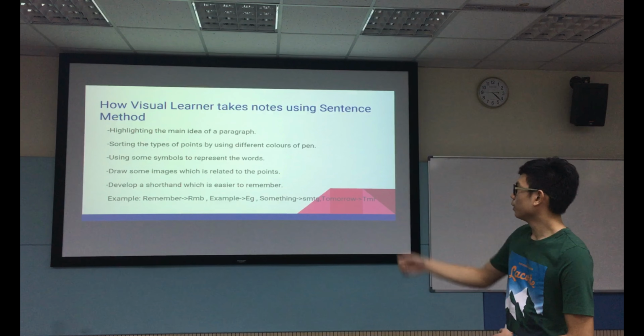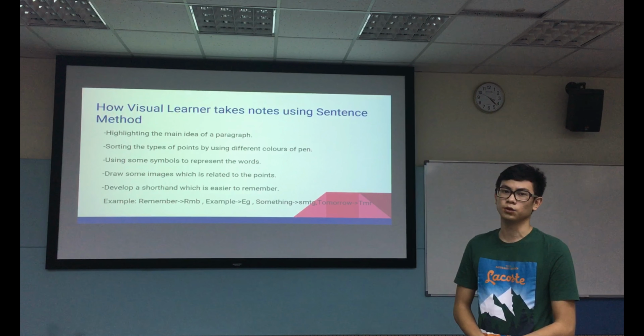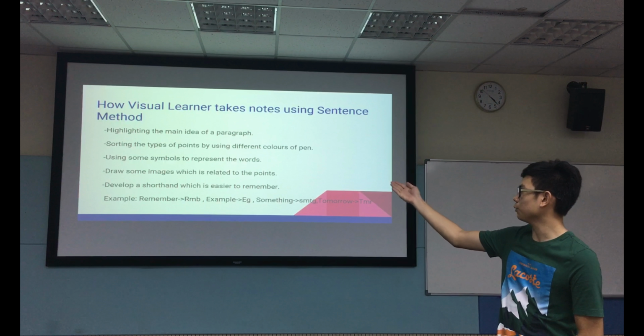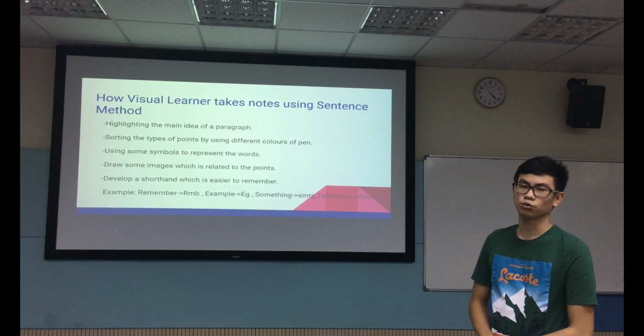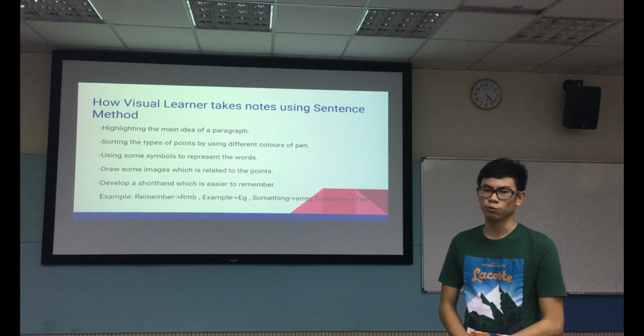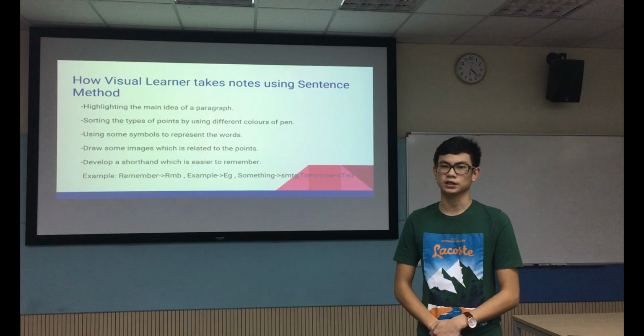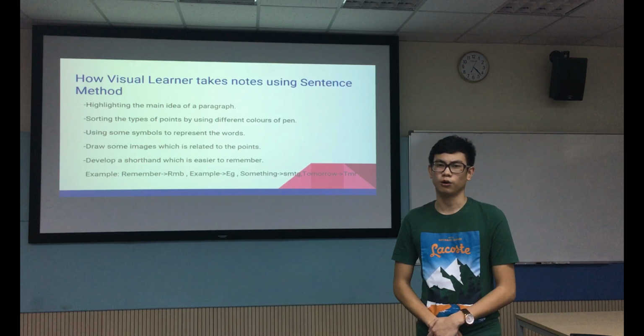Thirdly, visual learners can use some symbols to represent words, or draw some images related to the points. For example, if we would like to note down the word apple, we can simply draw the image of an apple.